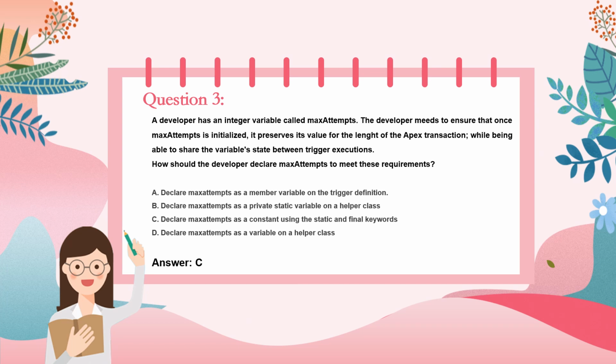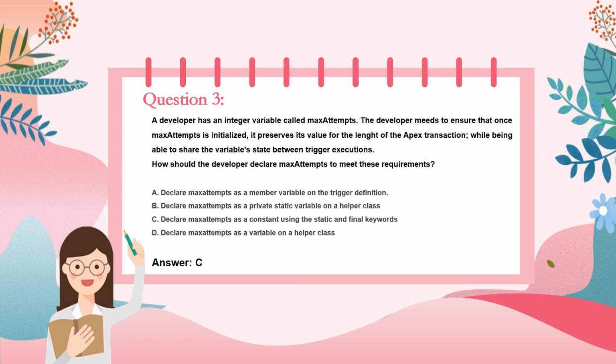Question 3. A developer has an integer variable called maxAttempts. The developer needs to ensure that once maxAttempts is initialized, it preserves its value for the length of the Apex transaction, while being able to share the variable's state between trigger executions. How should the developer declare maxAttempts to meet these requirements?